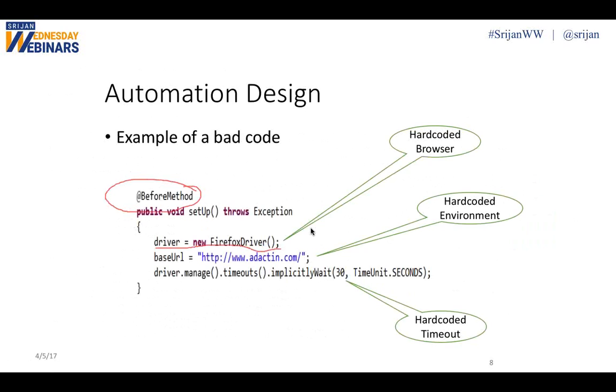And then the timeout. The timeout is hard-coded. For example, consider that somebody wants to run an automation on a staging environment, and the staging environment runs very, very slow, or some other PP environment which runs very slow. All your test cases will fail because you have hard-coded that the wait is only 30 seconds. It's not configurable. You can't increase the wait if your environment is working slow.